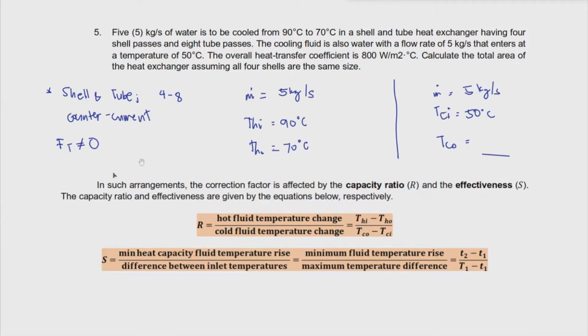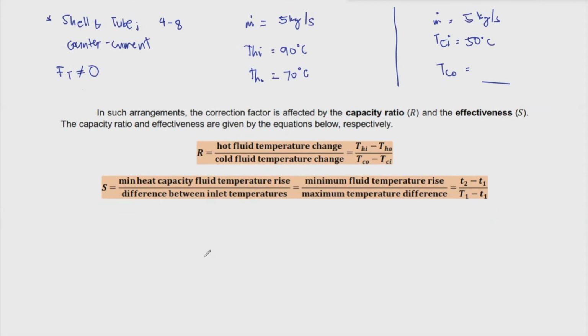So before anything else, before we can find Ft or any ratio for this effectiveness or capacity ratio, we need to find TCO first. And to do that, we will be using our energy balance sa heat exchanger na to. So basically, yun lang naman ating heat exchanger is nag-balance lang yung ating heat between these two fluids, diba? Sabi natin, yung Q in is just equal to Q out.